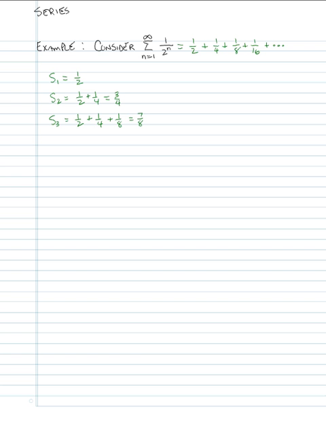Now, I'm certainly not proving this, but you may believe, because there is a pattern here, and I hope you'll accept my explanation that the pattern you might imagine is in fact accurate. S sub n would be 1/2 plus 1/4 plus 1/8, and we would continue this until we got to 1 over 2 to the nth.